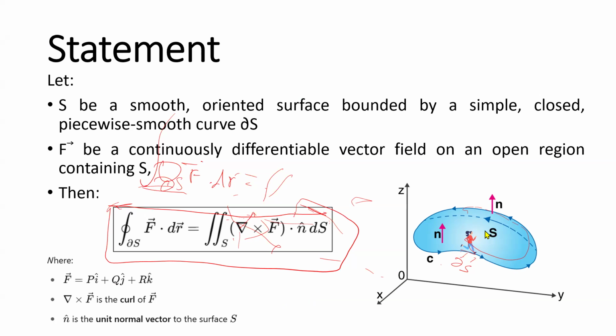As depicted in this figure, n is the unit normal vector across the surface S. So the closed line integral is equal to the surface integral of the curl.